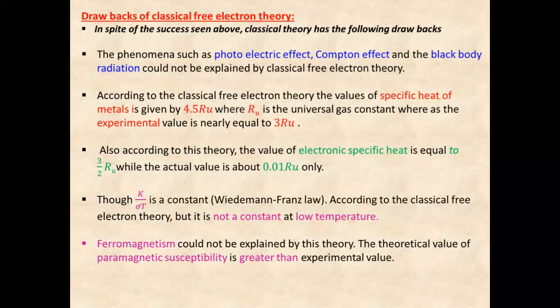Though K by sigma T is constant, as in the Wiedemann-Franz law, which is a success of classical electron theory, it is not constant at low temperature. From room temperature to higher temperature, K by sigma T is constant, but at low temperature it is not constant.